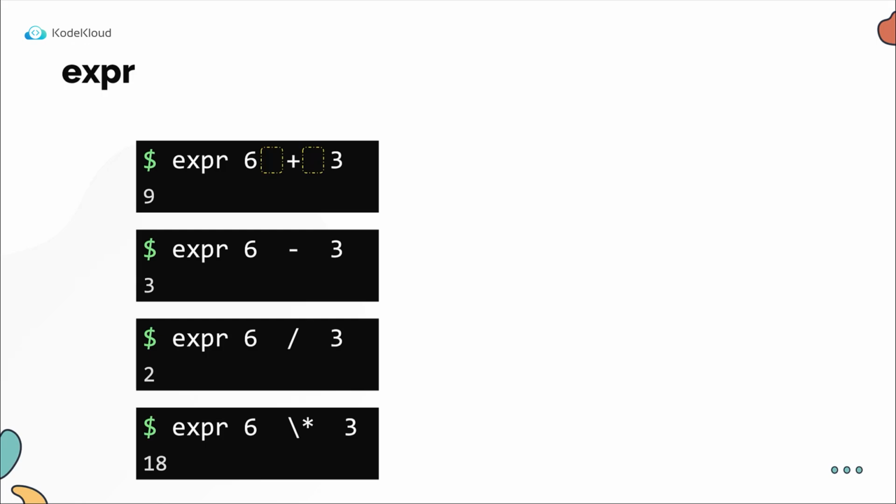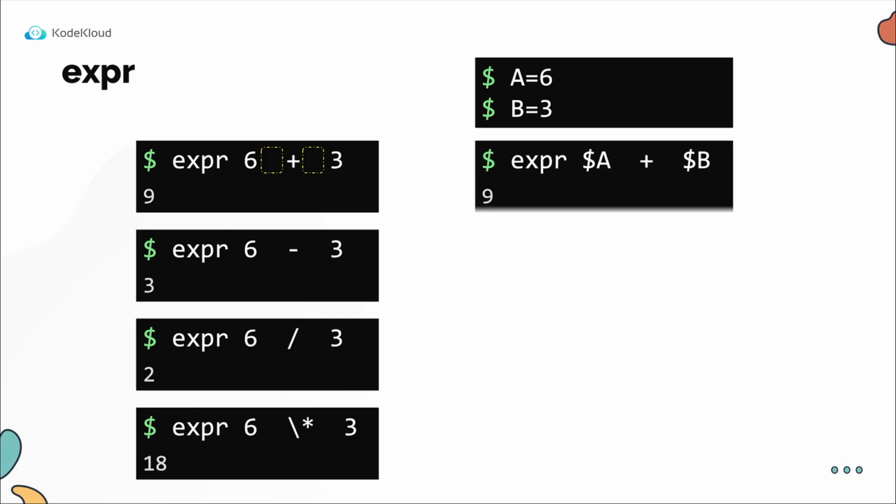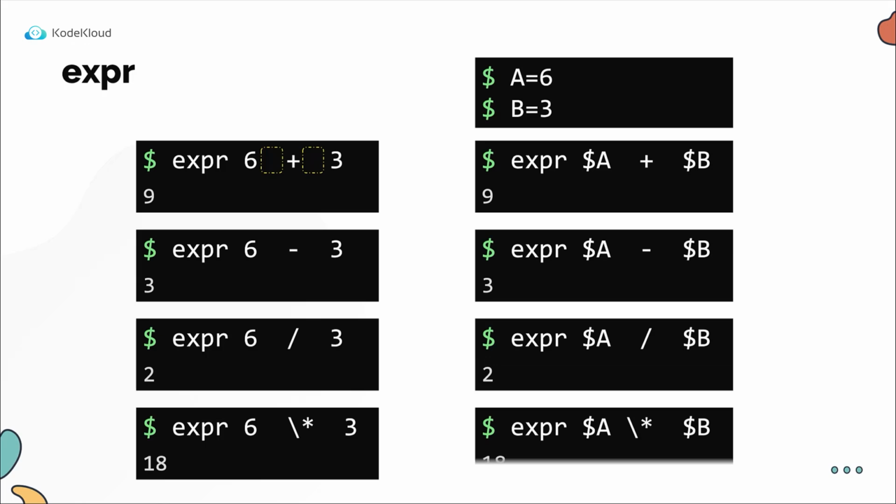So you must escape the star symbol here using a backslash. These can be used with variable substitution as well. Say for example, we have two variables a and b with values 6 and 3. Then we can use the variables instead of the numbers using the $a and $b syntax.